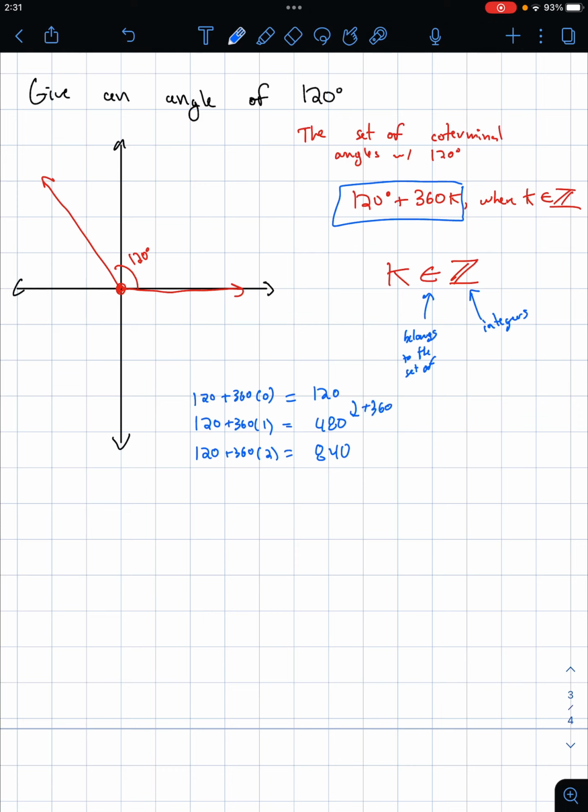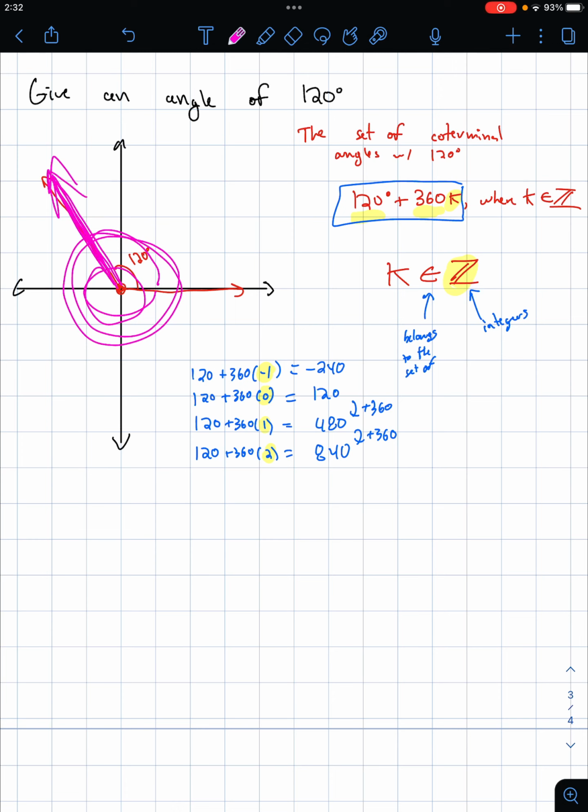And you'll notice each time we're just adding 360, so we're getting one more full rotation. Or we could have 120 plus 360 times -1, which is equal to -240, and so on and so forth. We're putting in k values that are integers because we're saying any angle 120 plus 360k is coterminal to 120. It's going to describe the same angle, just with a different number of rotations. But we'll still always land here.